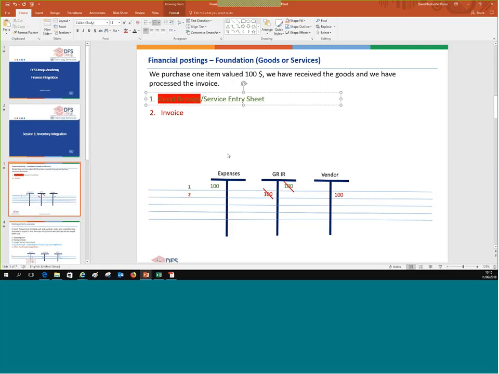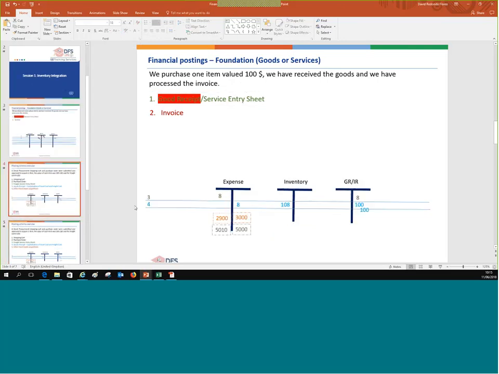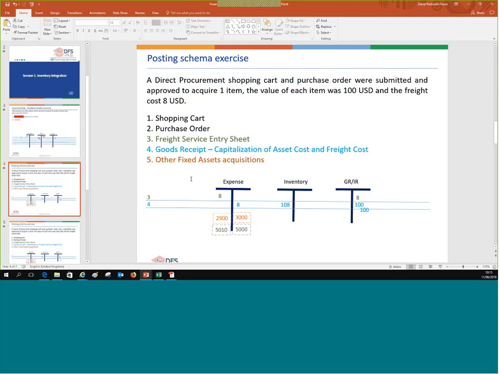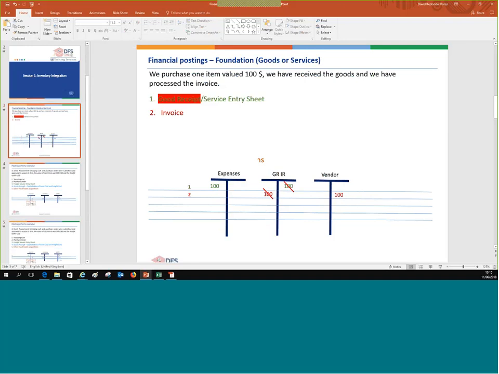For services it will still be the same. For goods, we need to consider that now we can acquire items in two different ways. We can acquire goods for consumption, from the system perspective, and we can acquire items for inventory.